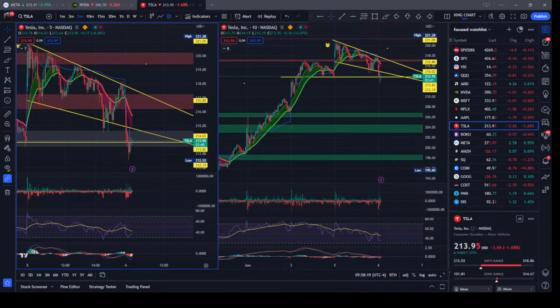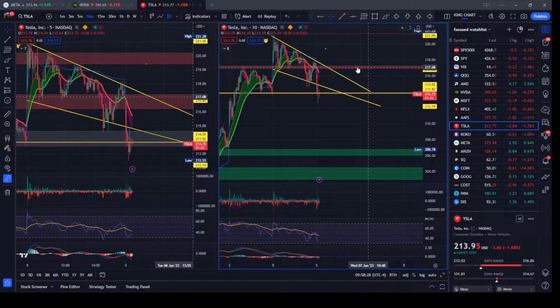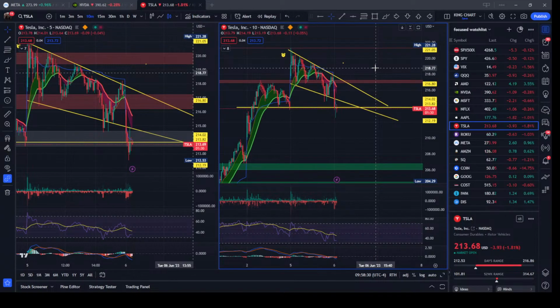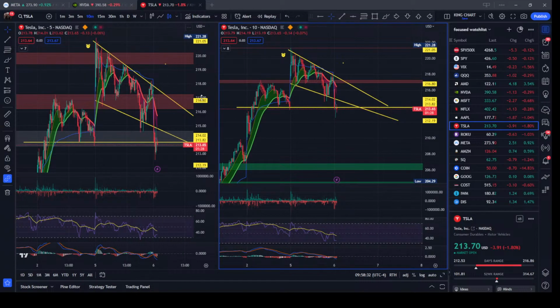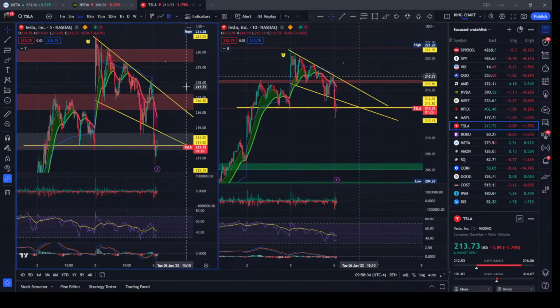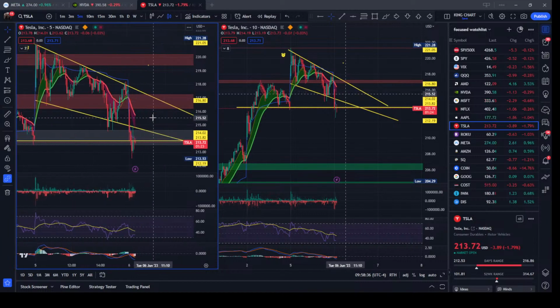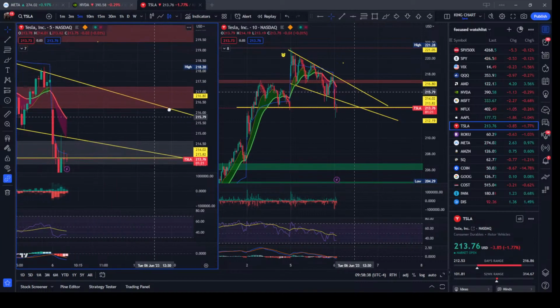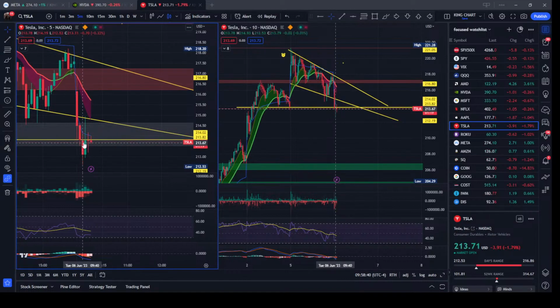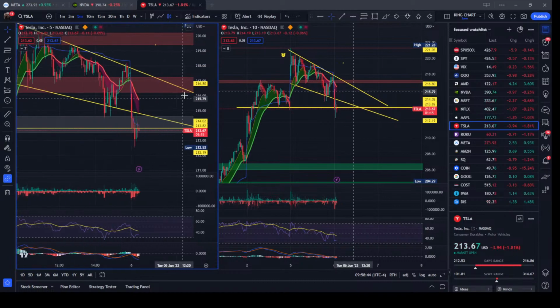Tesla, what you doing? Tesla looks very indecisive here. It kind of just broke to 213.80 and is consolidating, riding that level.